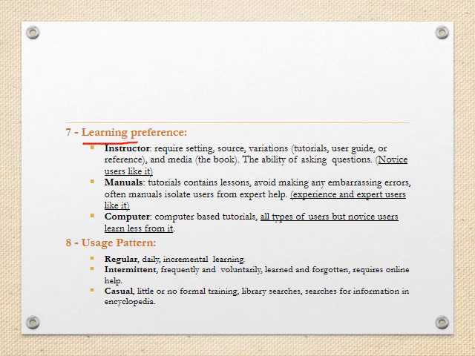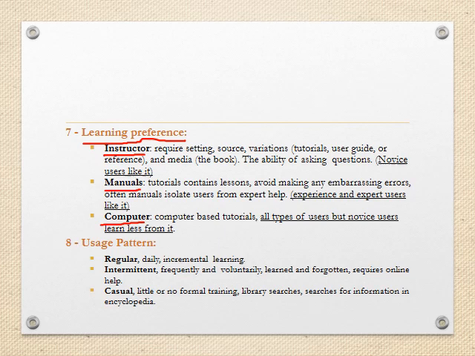Number 7, learning preferences. This means how your user prefers to develop expertise with the new software. Generally, a user will learn with the help of an instructor, a manual, or through the computer.